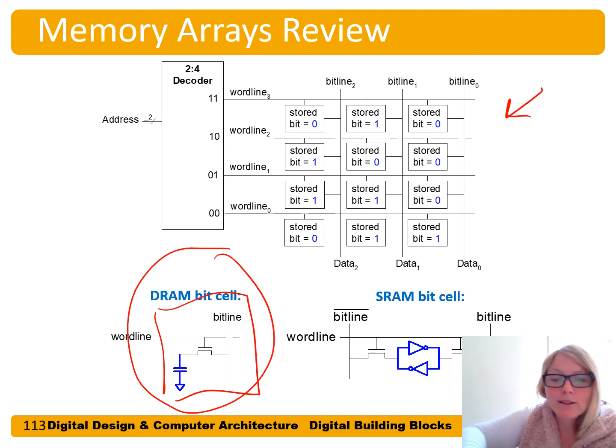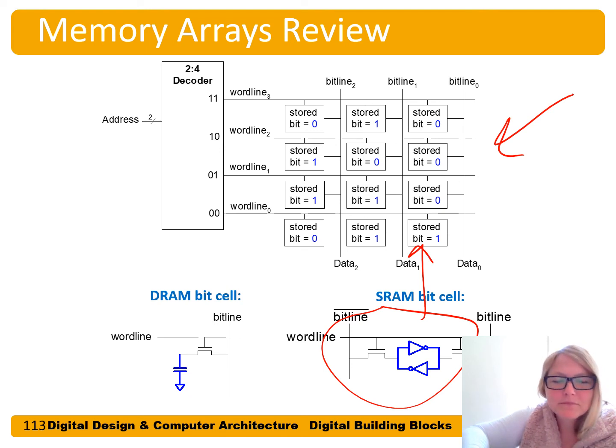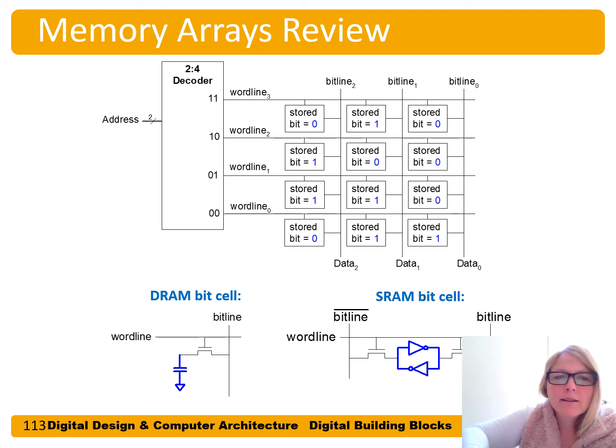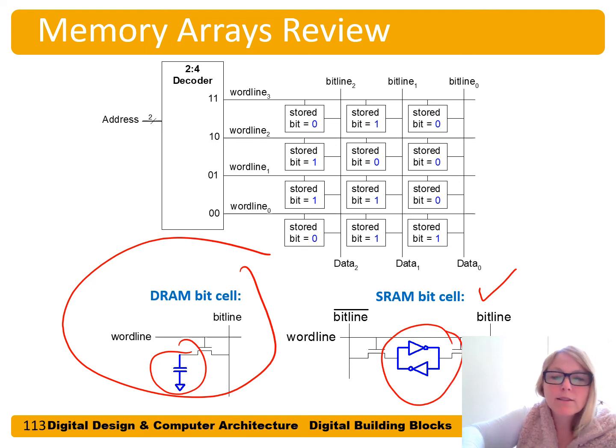We're then also using the principle of abstraction. It's a lot easier to look at this than this or this drawn 12 times. Okay, so we have DRAM cells, where the bit is stored on a capacitor, or SRAM bit cells, where the bit is stored on cross-coupled inverters.